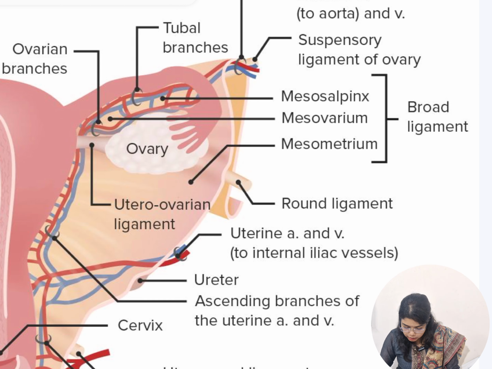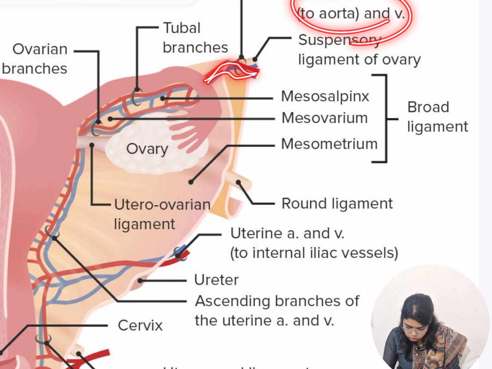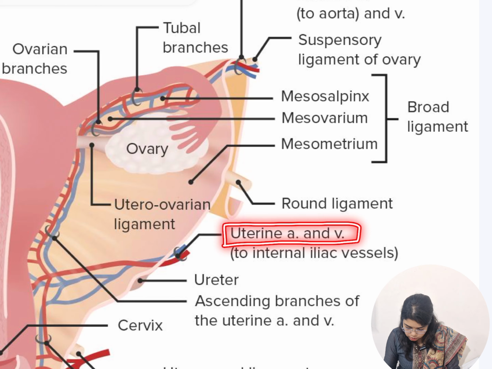What are these structures? These are the ovarian branches. This is the ovarian artery. And in the lower part, this is the uterine artery.